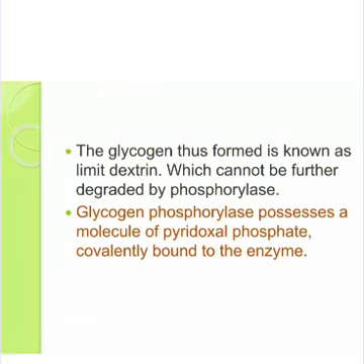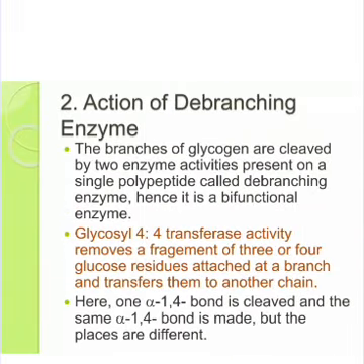The glycogen thus formed is known as limit dextrin, which cannot be further degraded by phosphorylase. Glycogen phosphorylase possesses a molecule of pyridoxal phosphate covalently bound to the enzyme.